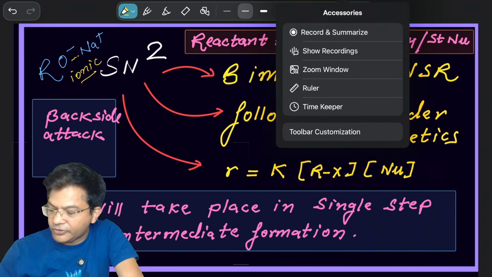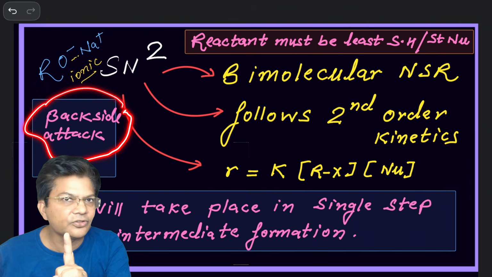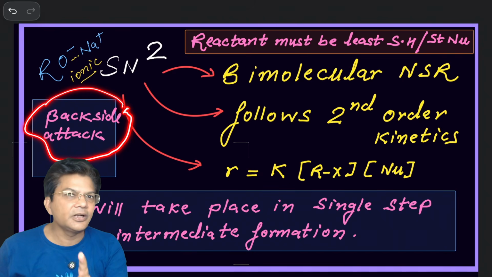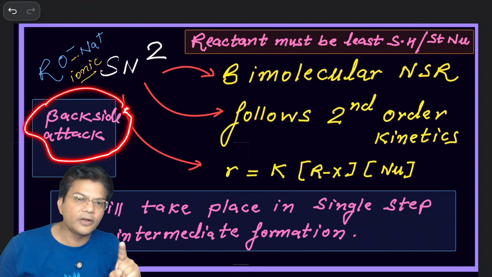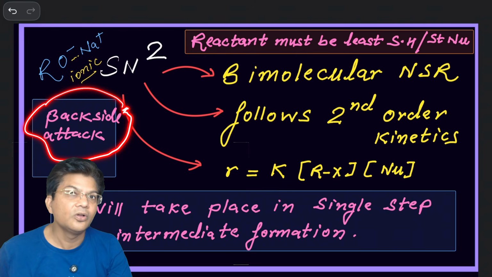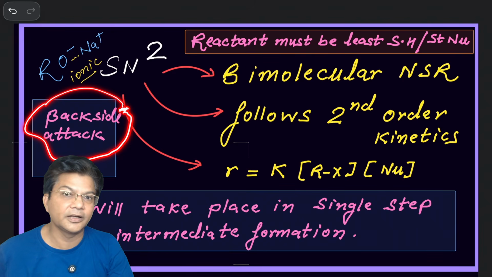As I have told you, SN2 means single step reaction, and single step reaction means simultaneous breaking and making of bond. So the attack of the nucleophile will be from the back side, and the back side must be least sterically hindered. So it must be 1 degree or 2 degree, but 1 degree is better, right? Because in 2 degree the steric hindrance will relatively increase, and in 3 degree there will be no space from the back side. Are you getting my point?